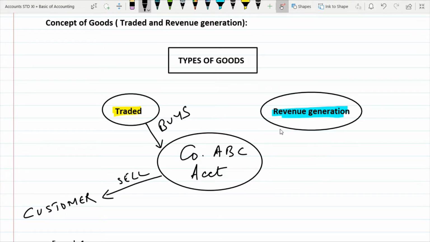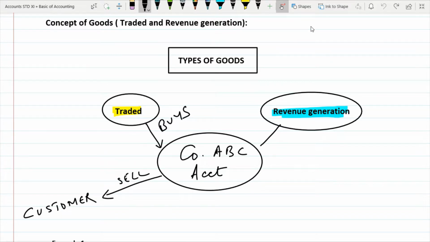But when the company buys these revenue generating goods, those goods are for the company. So those goods are kept for the company. These goods are not sold. In fact, they help the business to generate more income.